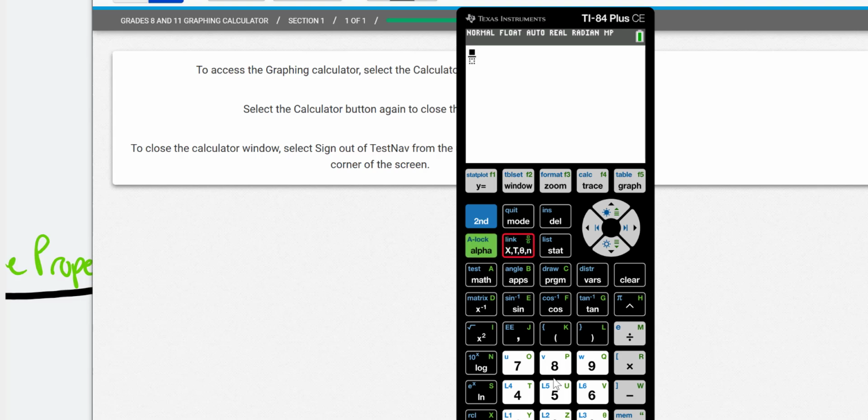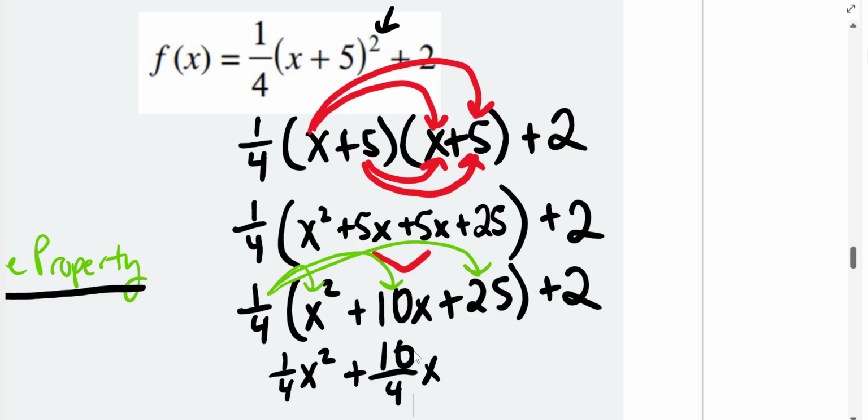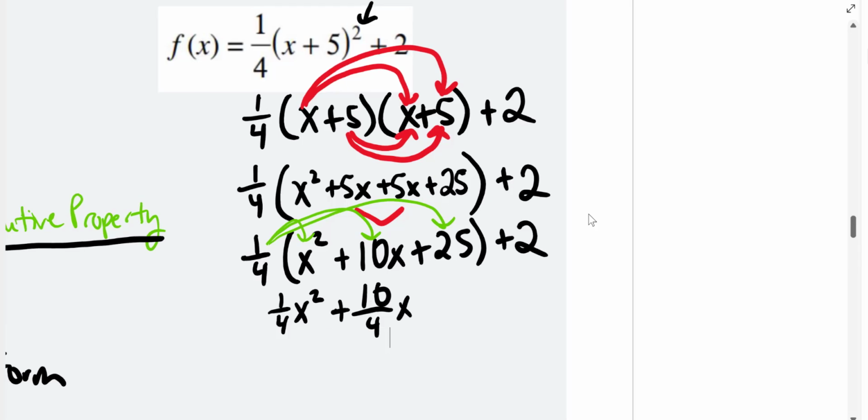And then we're going to do 1/4 times 10. Now you can't type variables like x in there. You can only type the numbers. And so you show right here that it's 5/2, which is another way that we can simplify this that we'll get to. So I'll put that below.